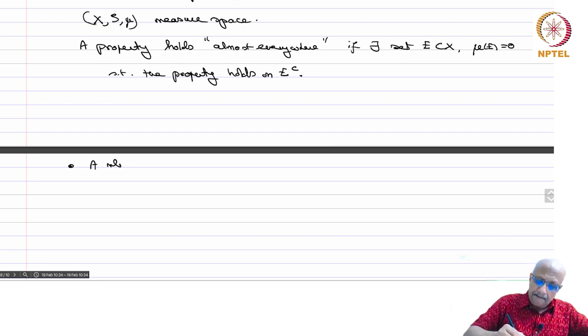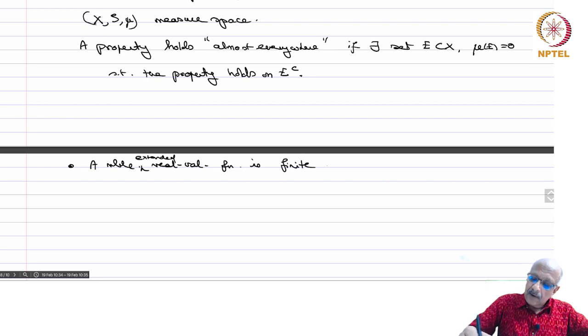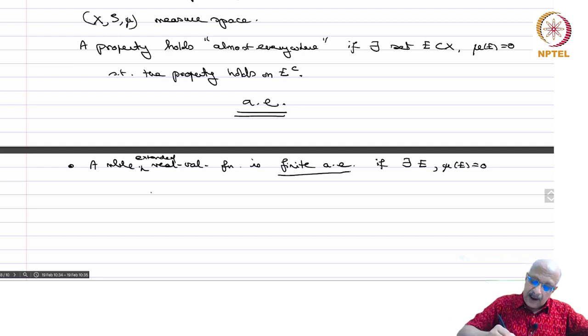A measurable extended real valued function is finite almost everywhere, the short form is a.e., if there exists a set E, mu of E equal to 0, and f of x belongs to R for all x in E complement.